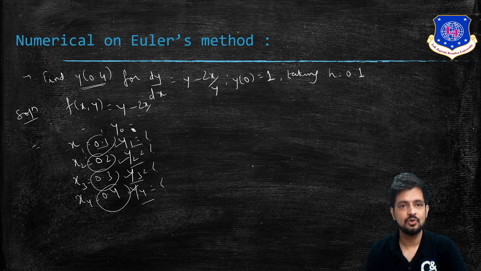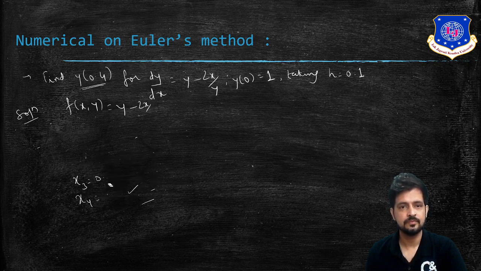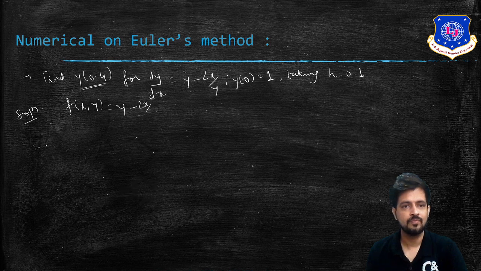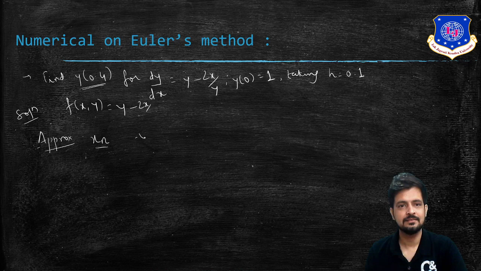Okay, so after this we have to make a table. Again we have to make a table, so this will be very easy for you. In the table we have to write the approximation number, the value of xn, yn, h into f of xn yn, and here will be yn plus 1.